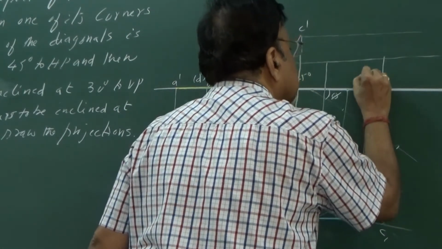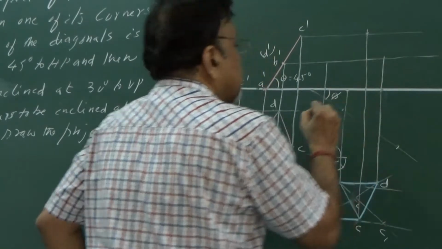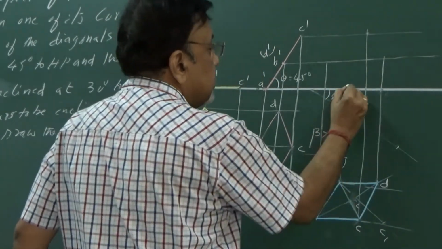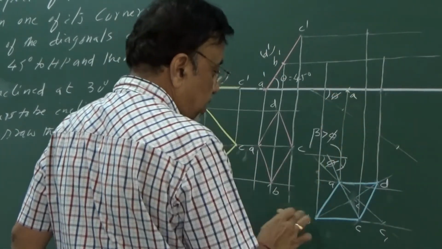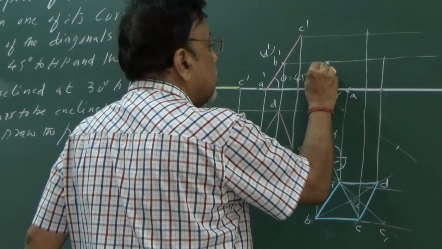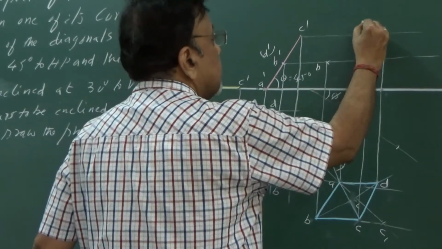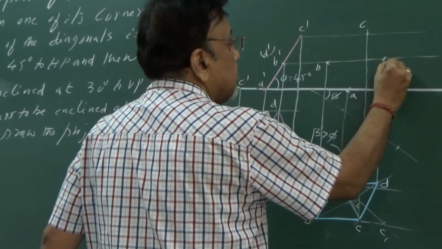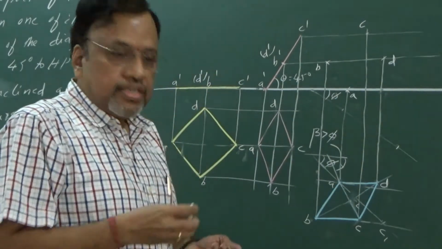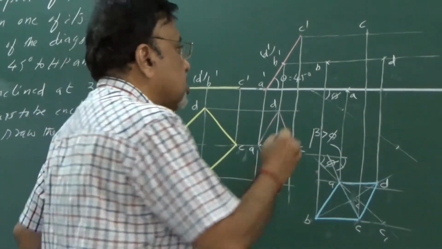Then get this D. Okay, so I can say A, B, C and D. Now join them in the same proper sequence.